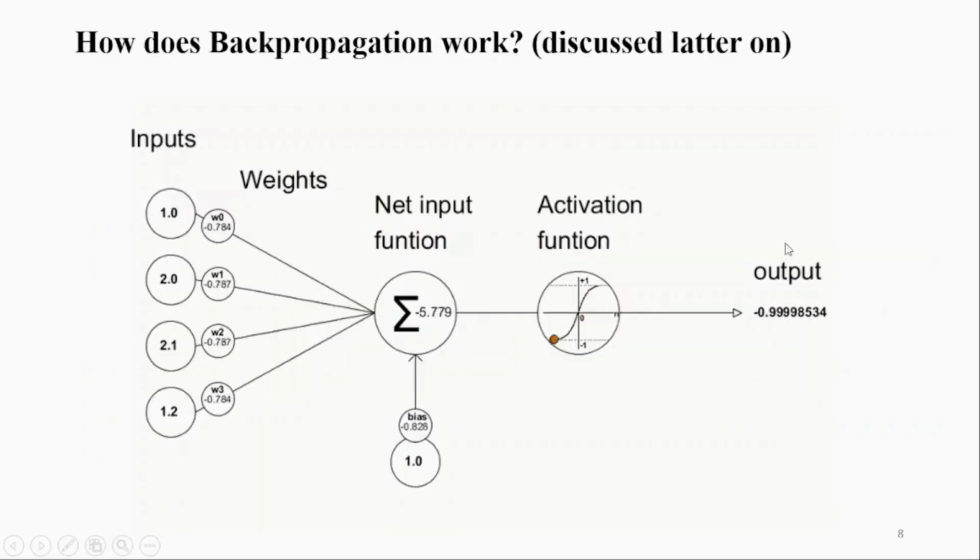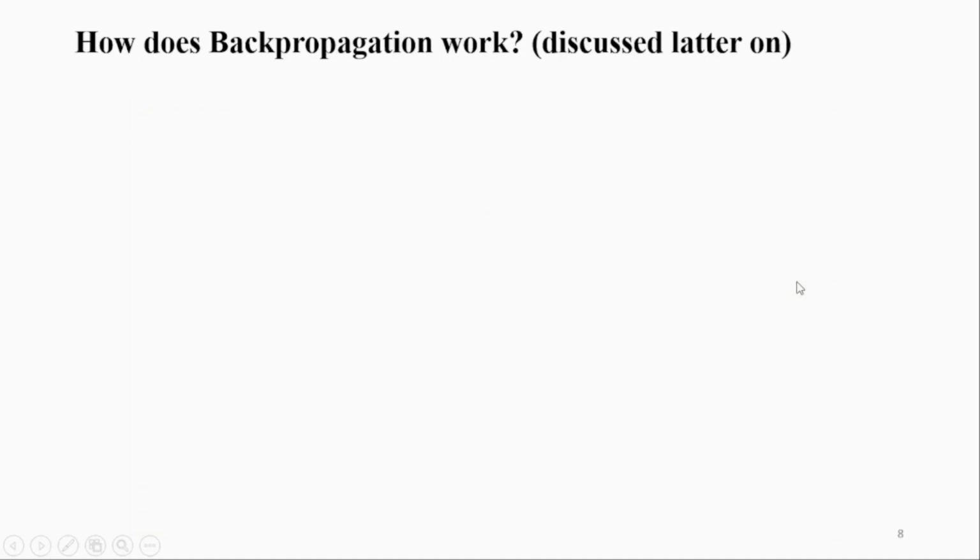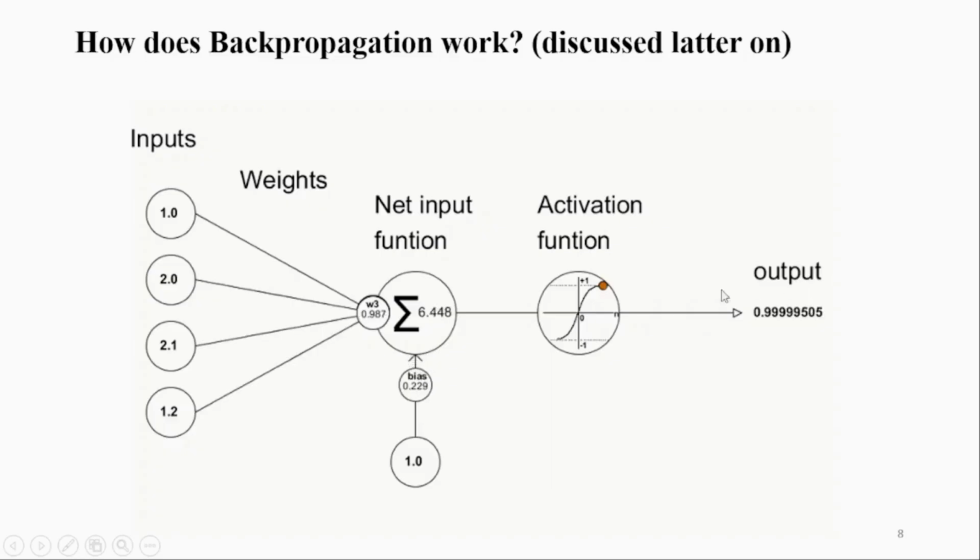But in the case of backpropagation, which will be discussed later in a separate video, if you look at this, these are the different inputs, then these are the weights, then the net input function, here is the activation function, and this is the output. Every time, the weights are adjusted, and now they are forwarded even backward.